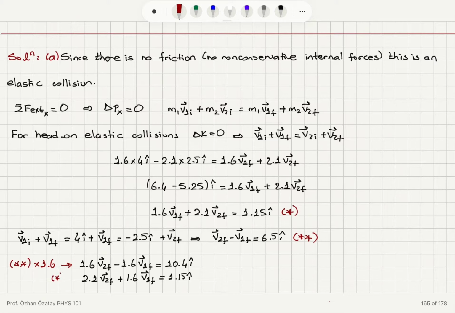And I add these two equations. As you can see, the 1.6 v1 final terms cancel in this addition, and we obtain 3.7 v2 final equals 11.55 i hat.